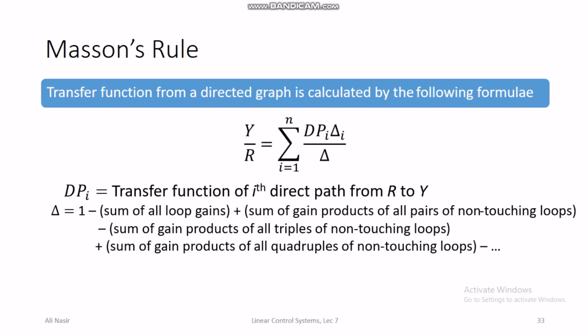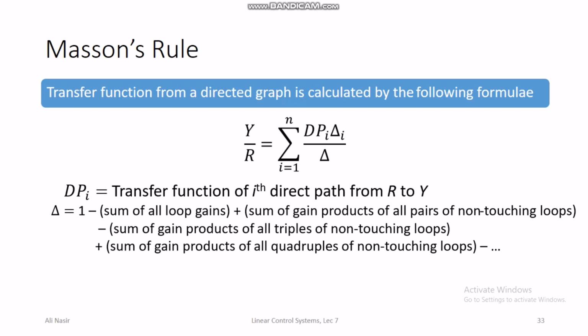If there were more non-touching pairs of loops, then we would have more terms in the corresponding delta. And delta does not finish at the pairs of non-touching loops. It goes on minus sum of gain products of all triples of non-touching loops plus sum of gain products of all quadruples of non-touching loops minus sum of gain products up to so on 5 loops at a time, 6 loops at a time, however many non-touching loops are there. So all have to be catered in the delta. So delta could be quite complex.